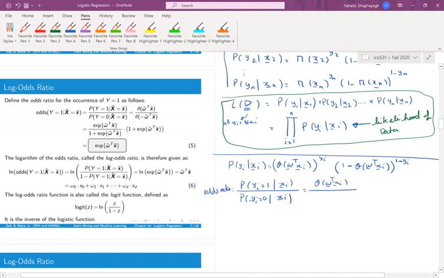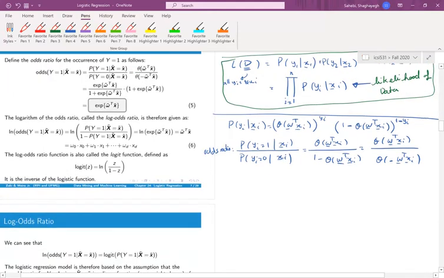If yi is equal to 0, it's 1 minus theta of w transpose xi. We have seen that this is equal to theta of w transpose xi over theta of negative w transpose xi, because 1 minus theta of z is equal to theta of minus z.